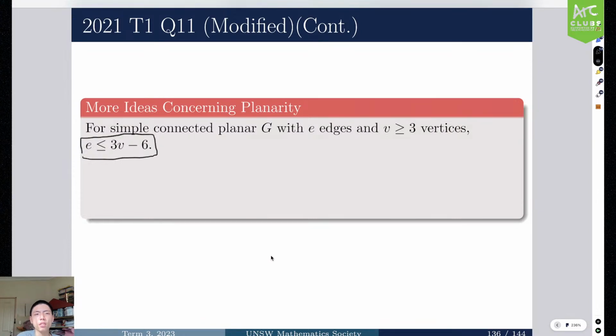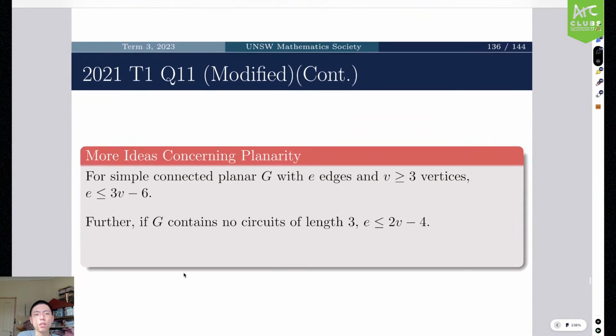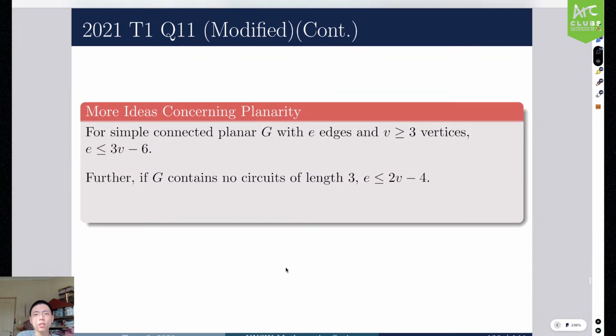Now we can extend this if we know that the graph G contains no circuits of length 3, right? So if it contains no circuits of length 3, we know that every single circuit must consist of at least 4 or more, right? That will allow us to have an even better inequality that shrinks this case down to E less than or equal to 2v minus 4.